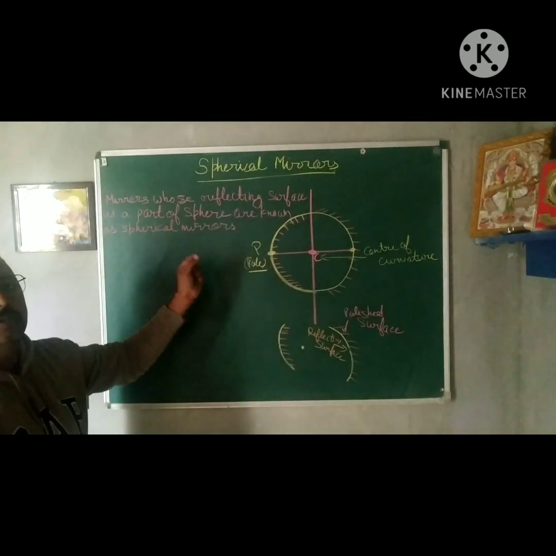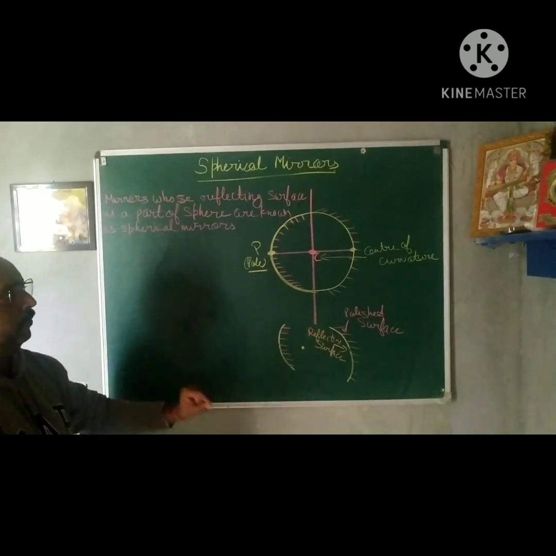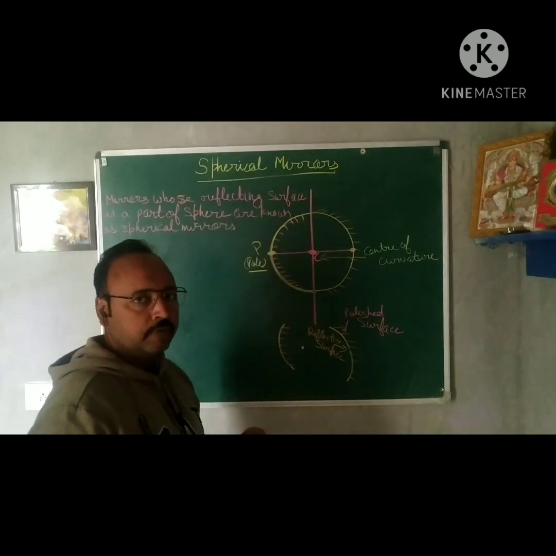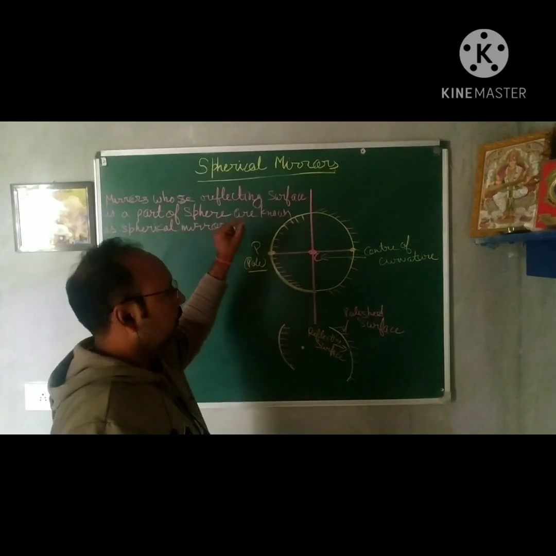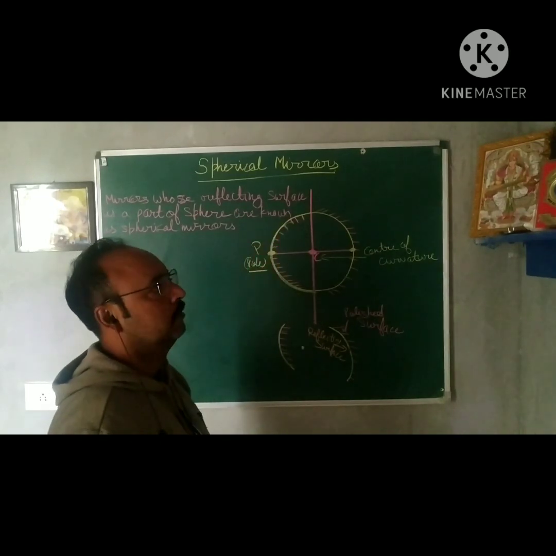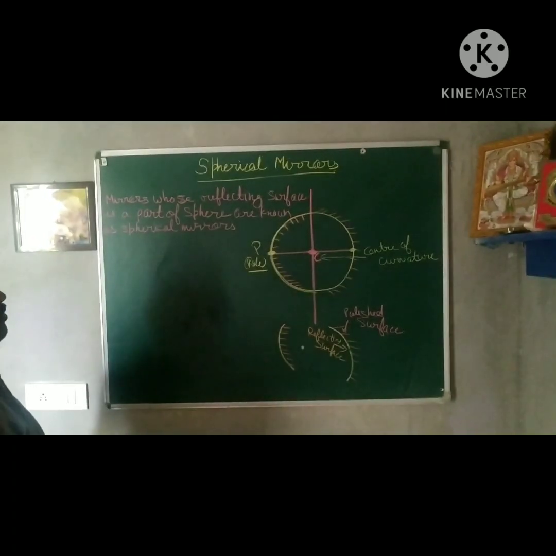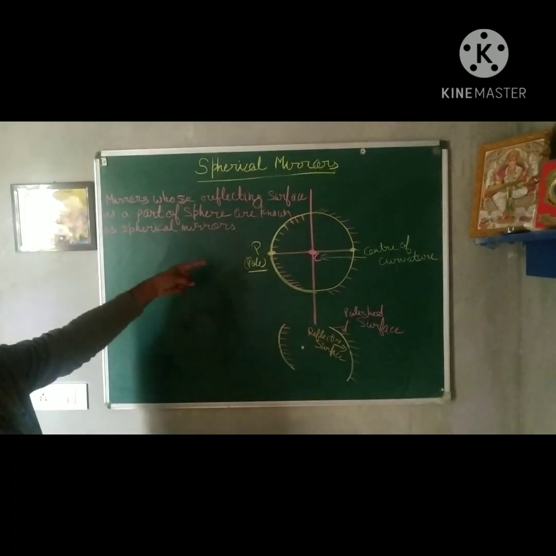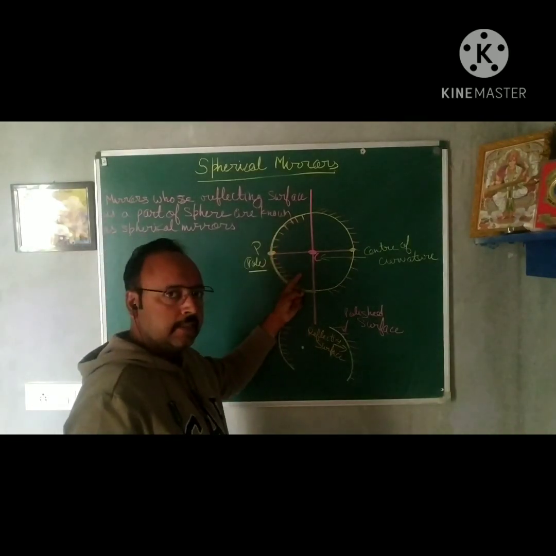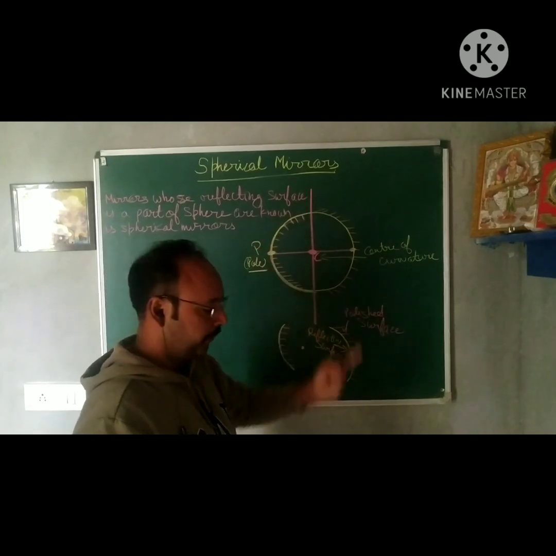So pole and center of curvature are very important terms. The center of curvature is the center of the sphere whose reflecting surface is a part of.